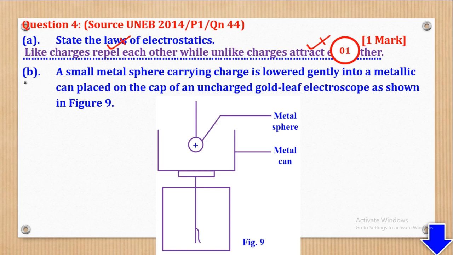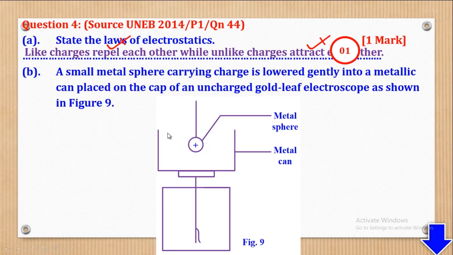Now we shall go to part B. Part B says that a small metal sphere carrying charge is lowered gently into a metal can placed on the cap of an uncharged gold leaf electroscope. So note that this is an uncharged gold leaf electroscope as shown below.